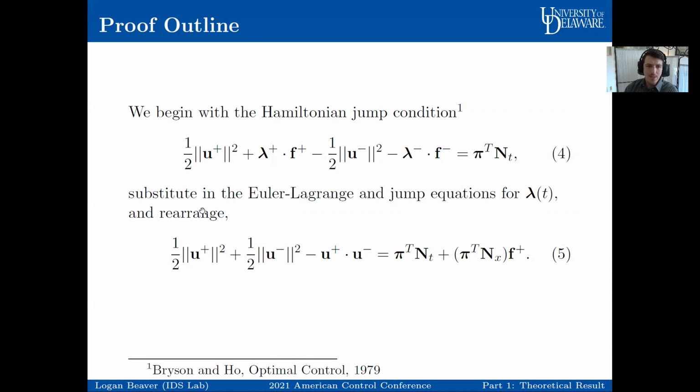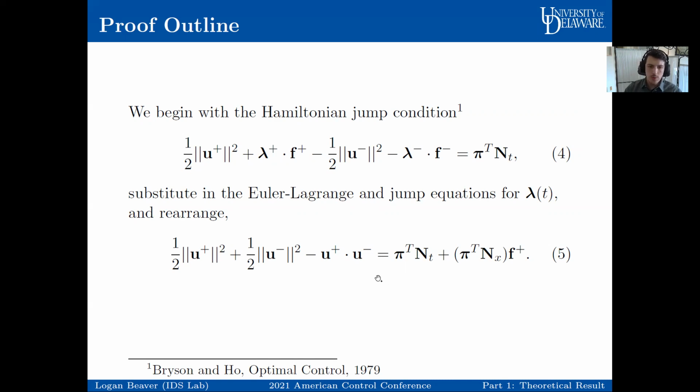And so we have a handful of other optimality conditions as well, and we can substitute them into this equation and rearrange, and we get this here on the bottom, where now on the left hand, we have a bunch of basically dot products of the control input before and after the transition, and on the right, we have a function of pi, N, our tangency equations, and then also the dynamics.